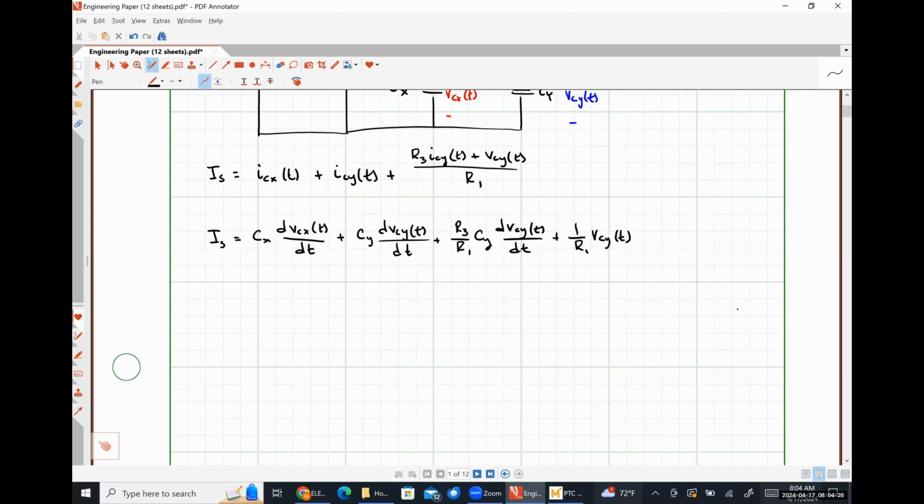And then I could lump things together. So this would look like IS is equal to CX times the derivative of my capacitor voltage VCX, plus CY times 1 plus R3 over R1.